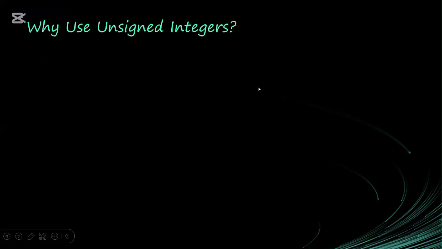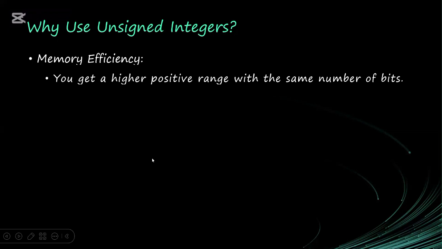Right? So why and when should you use unsigned integers? For memory efficiency: whenever you are very sure that the integer value you want to store will never be a negative number, always use unsigned integers, because it will help your memory work efficiently. Now, this is the reason why we said you should take this course.